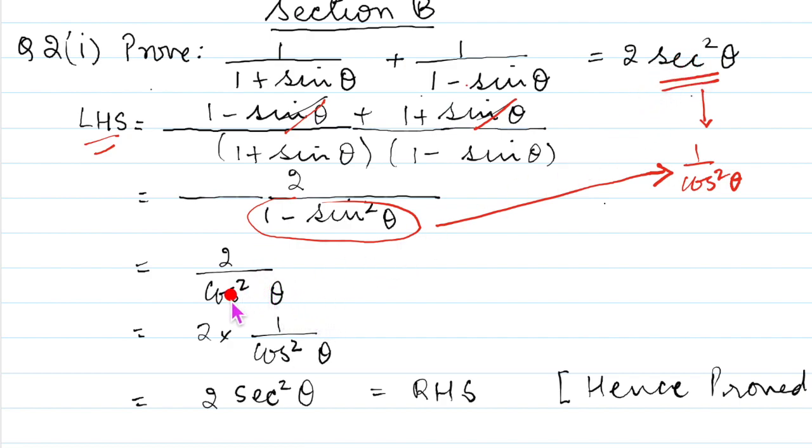So remember, 1 upon cos square theta is sec square theta. So we write it as 2 into 1 upon cos square theta, which is 2 sec square theta, which is your RHS, and hence proved. So taking the LCM will be your first mark, and then to solve this and get this correct will be your second mark. Okay, that's how you'll get your 2 marks.